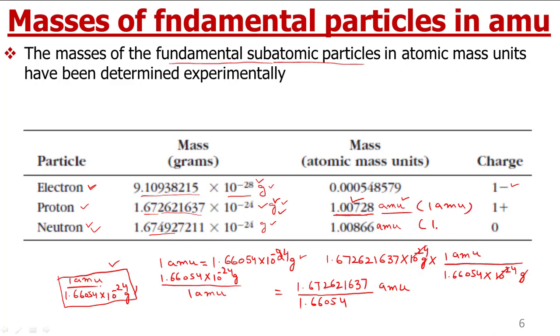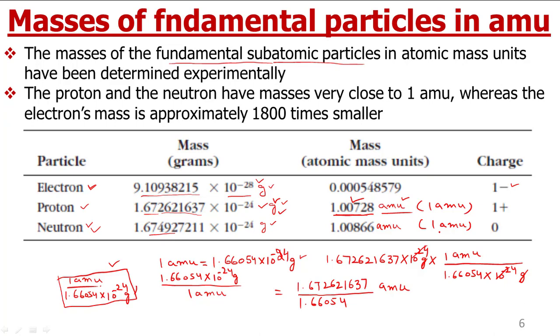We can approximately assume the mass of neutron and the mass of proton as 1 AMU, and the mass of an electron, which is 0.00548579 AMU, is approximately 1800 times smaller than the mass of proton and neutron.